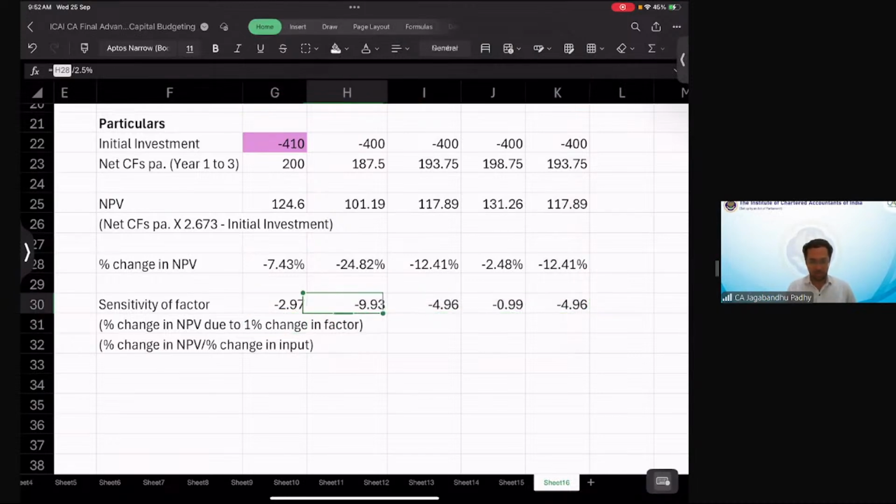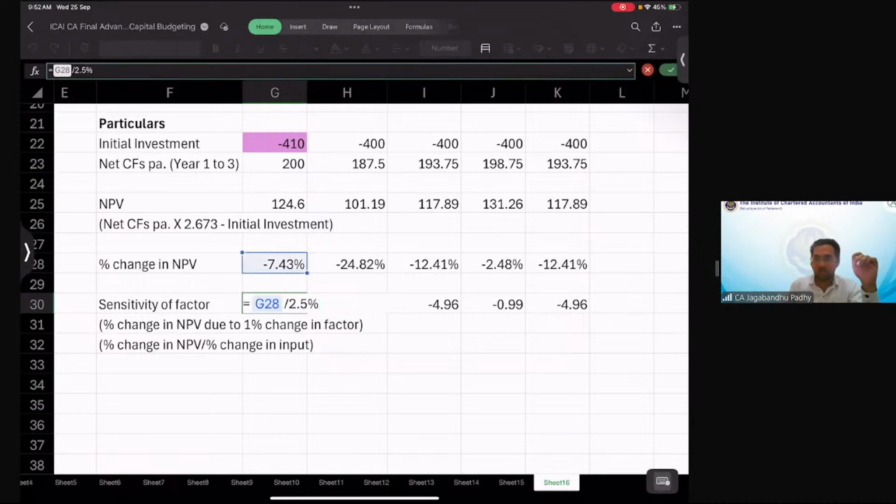Can you give me an interpretation of this 2.97? 2.97 means if your initial cost is going to increase by 1%, your NPV is going to reduce by 2.97%. This is similar to elasticity of demand. You guys remember elasticity of demand?